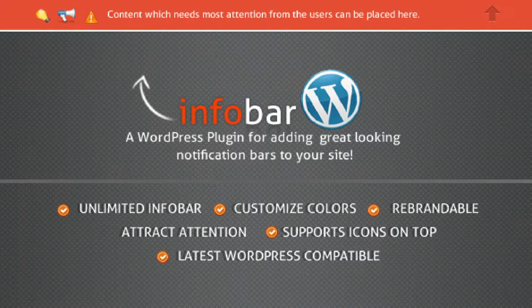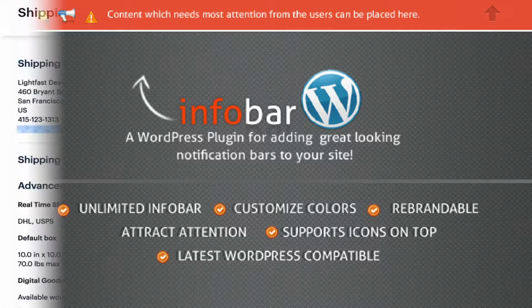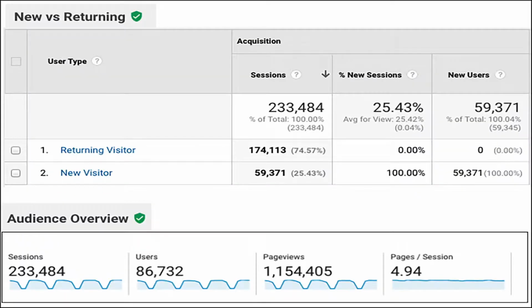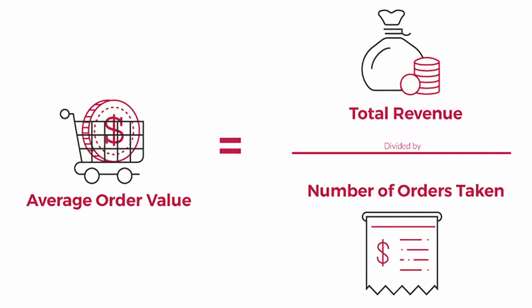An effective way to maximize the value of each site visitor is by using information bars and other call-out offers. Personalizing information bars is as simple as offering different shipping rates depending on location. Higher priced items are offered to returning visitors who are in the top 25% of the AOV, that is the average order value in past orders.